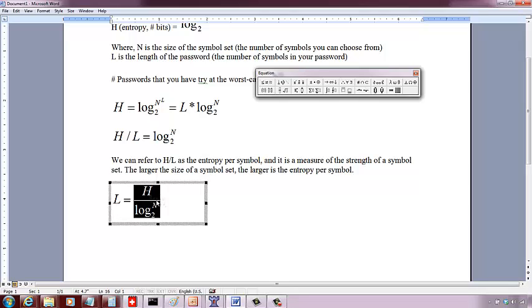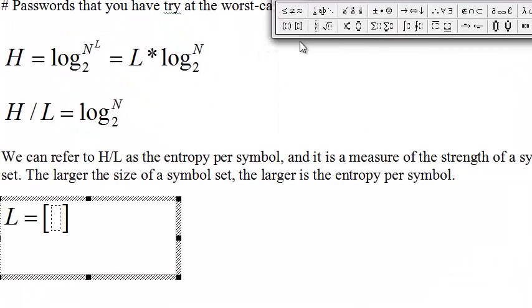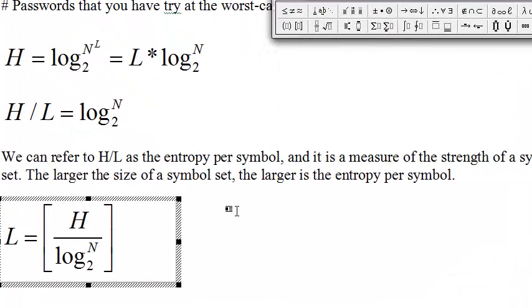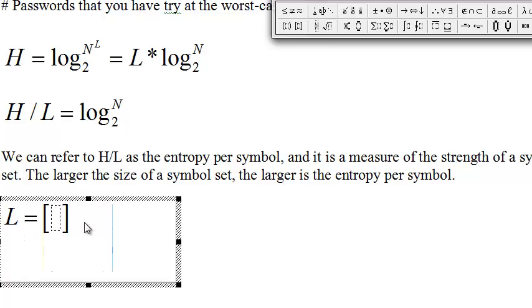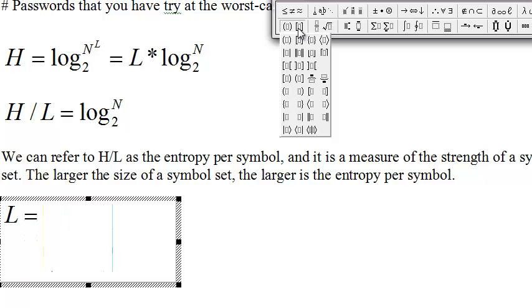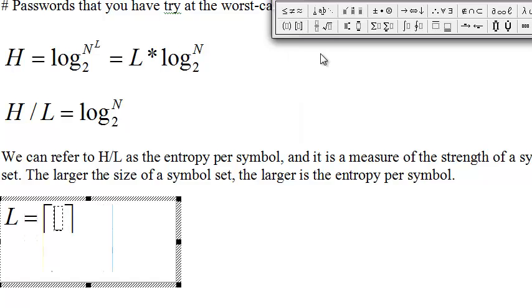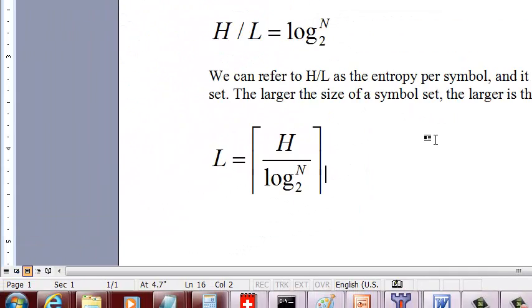Since the length of the password has to be an integer, it cannot be a real number, we normally do a ceil of it so that you round it to the next largest integer. So this is the formula for the length of the password.